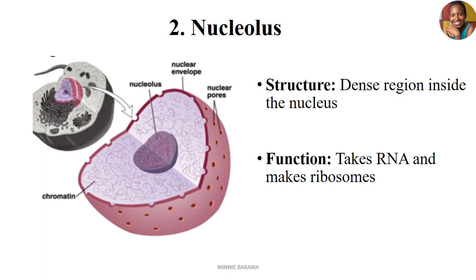Moving on, we have the nucleolus. The structure of a nucleolus, it's a dense region inside the nucleus, and what it does is take care of the RNAs and make ribosomes. So it's the ribosome formation area, but it's also the RNA functioning area.